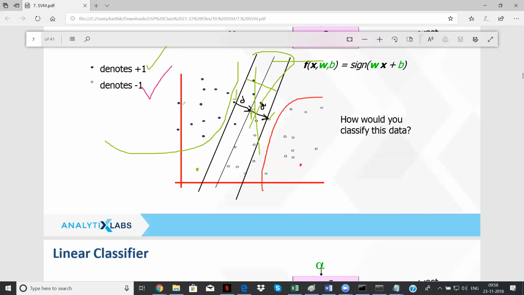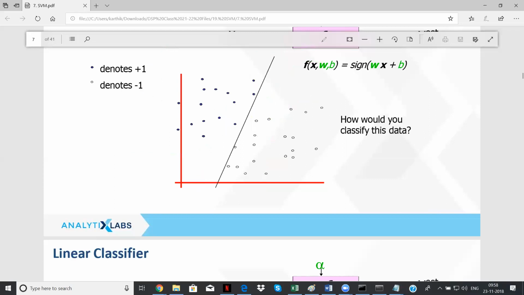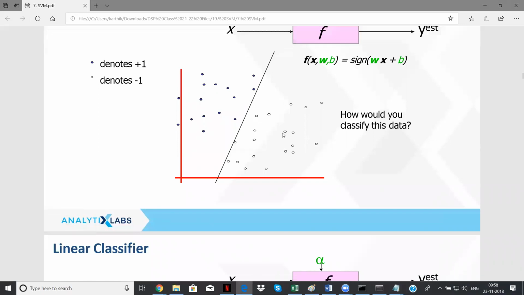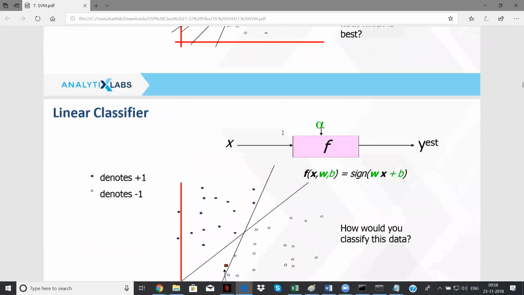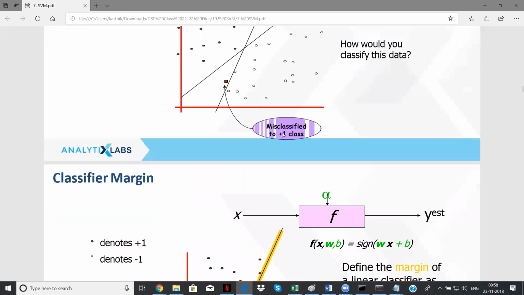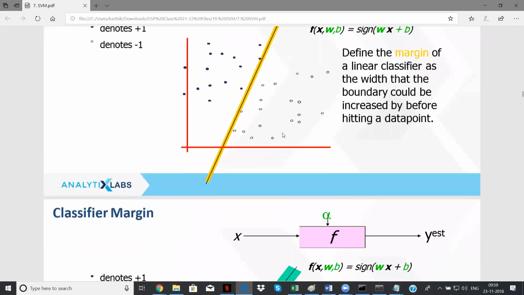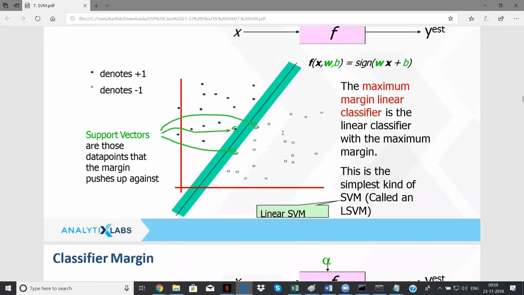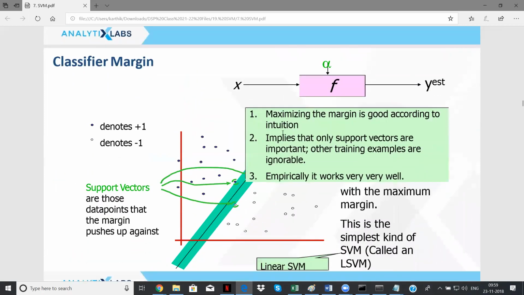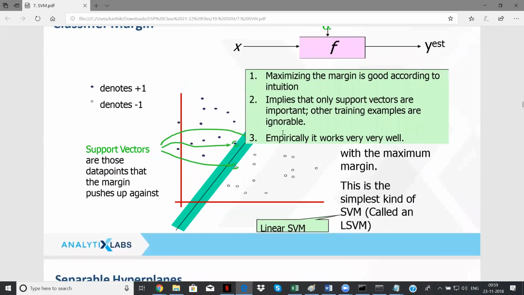Now, coming back to her question, how do we truly decide that this is one single plane? For that, please look at this equation over here. See, look at it.